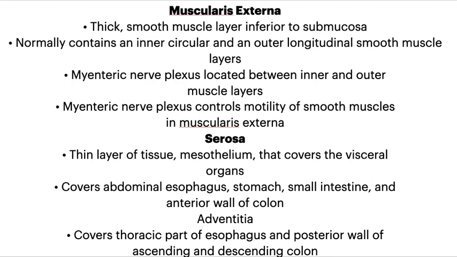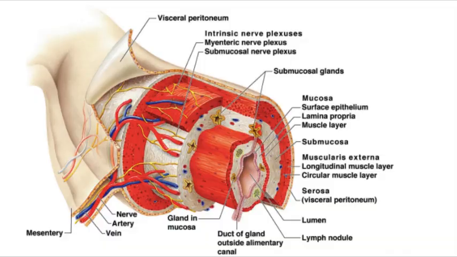It is a thin layer of tissue called the mesothelium that covers the visceral organs: the abdominal, mind you, not the thoracic, esophagus, the stomach, small intestine, and the anterior wall of the colon. We call it adventitia when it covers the thoracic part of the esophagus and the posterior wall of the ascending and descending colon, basically when the structure is not lying within the peritoneum.